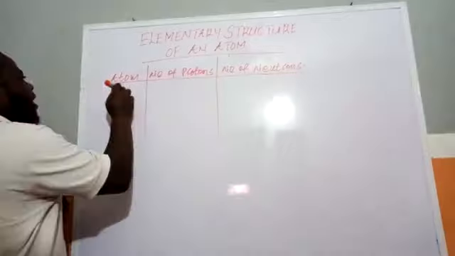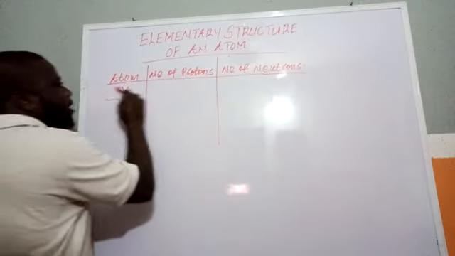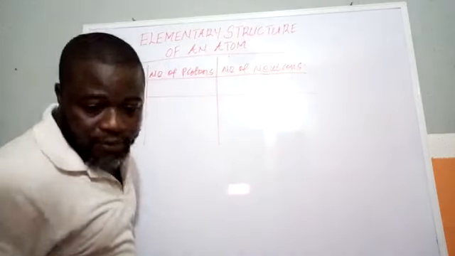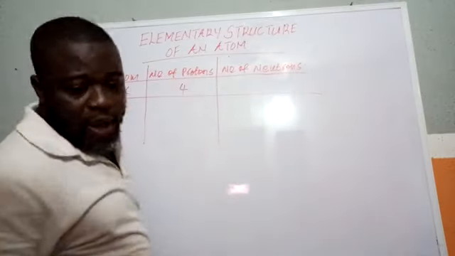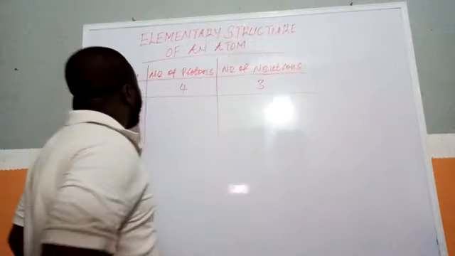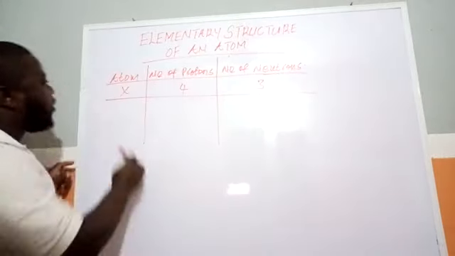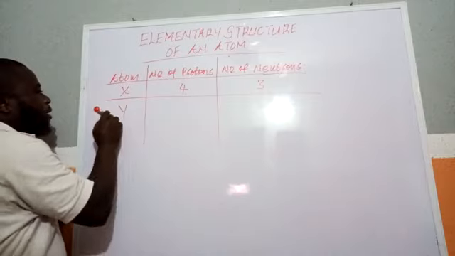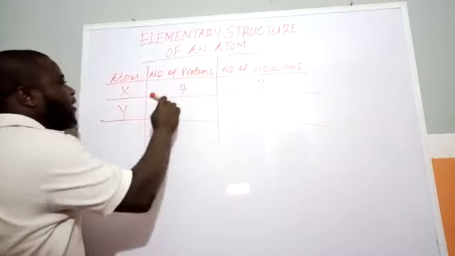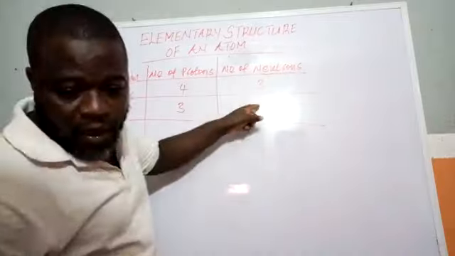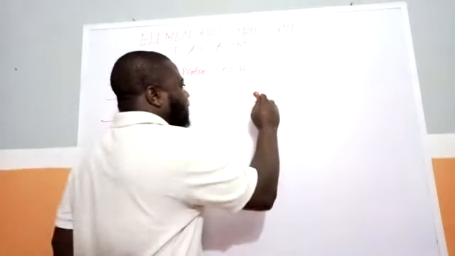Under this we have X element. Under X, for the number of protons we have 4, and for the number of neutrons we have 3. Then we have the atom of Y, that is element Y. Under the number of protons there we have 3, and under the number of neutrons we have 4.